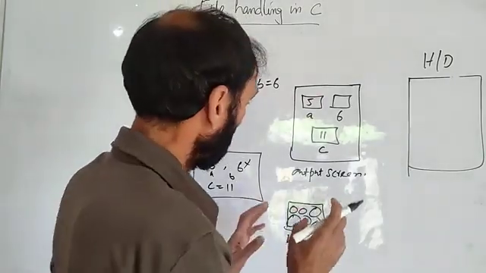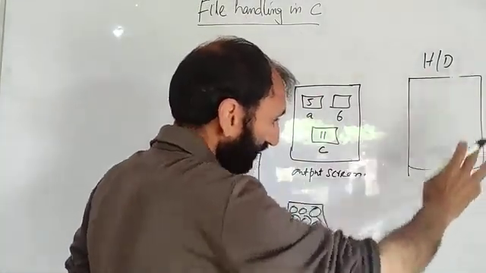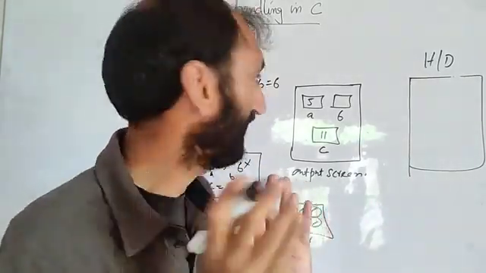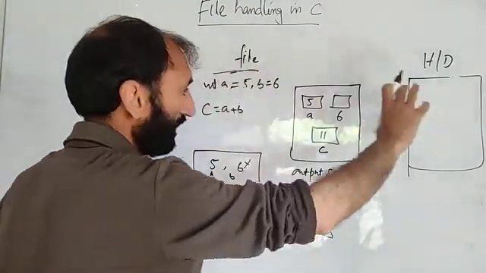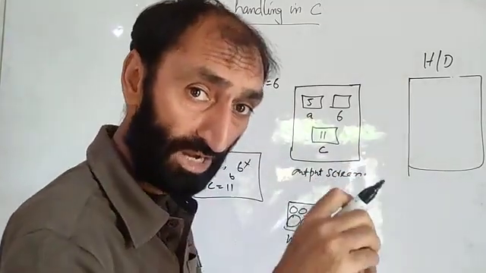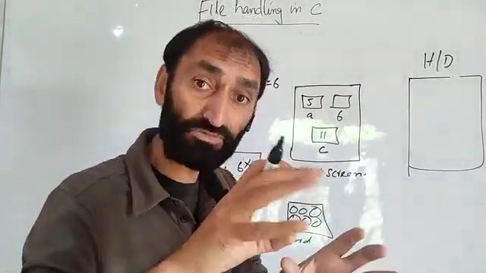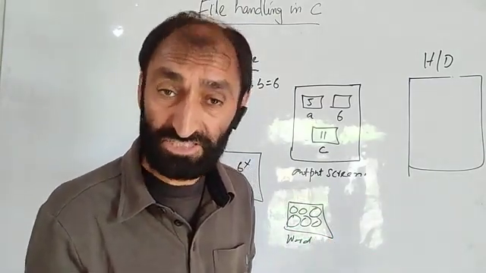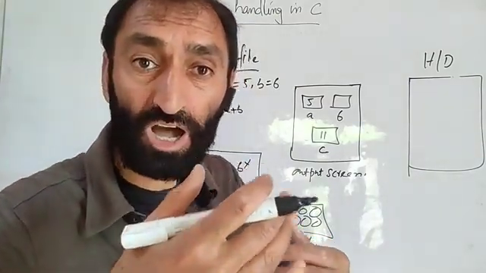But in the hard disk, the data gets stored in the form of files. That means in order to store the data in the hard disk, we need files. Then what is a file? Actually, a file is a sequence of bytes.